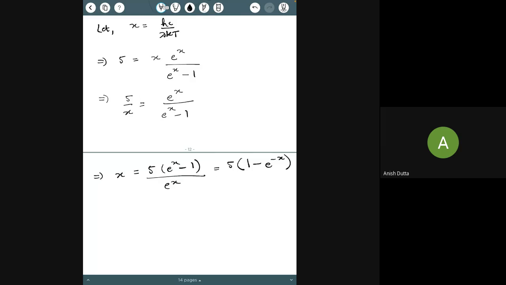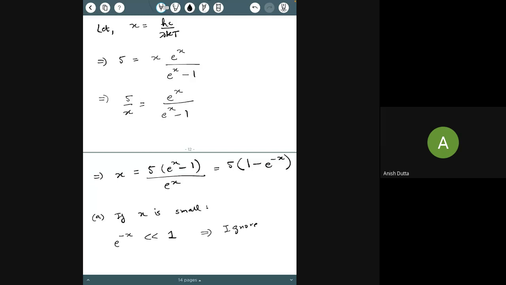So let's say if x is small, then what happens? Then we can ignore e to the power minus x. If x is small, then e to the power minus x is very much less than 1, which means we basically ignore it.